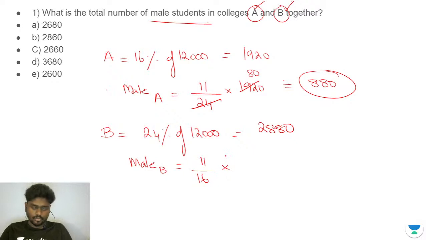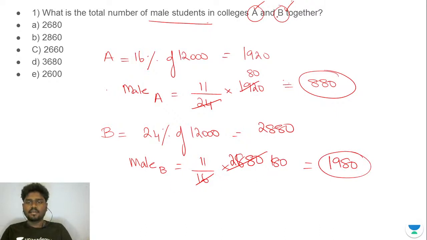If you divide 2,880 by 16, this goes exactly 180. So 180 times 11, you'll get 1,980.